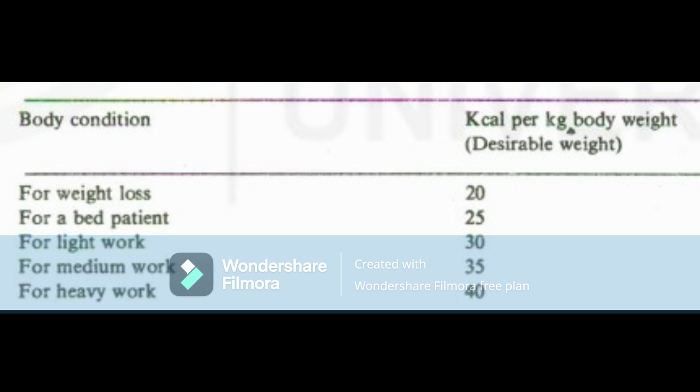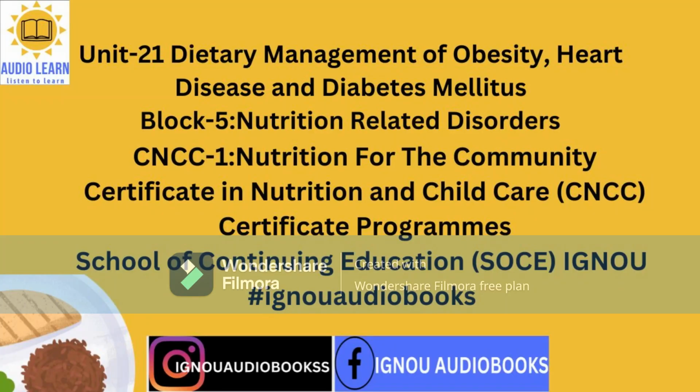He requires 30 kilocalories per kg body weight. See chart. His total energy requirement would be 30 by 51.5, that is, 1545 kilocalories. Similarly, you can make use of this chart for calculating the energy requirements of other diabetic individuals also.